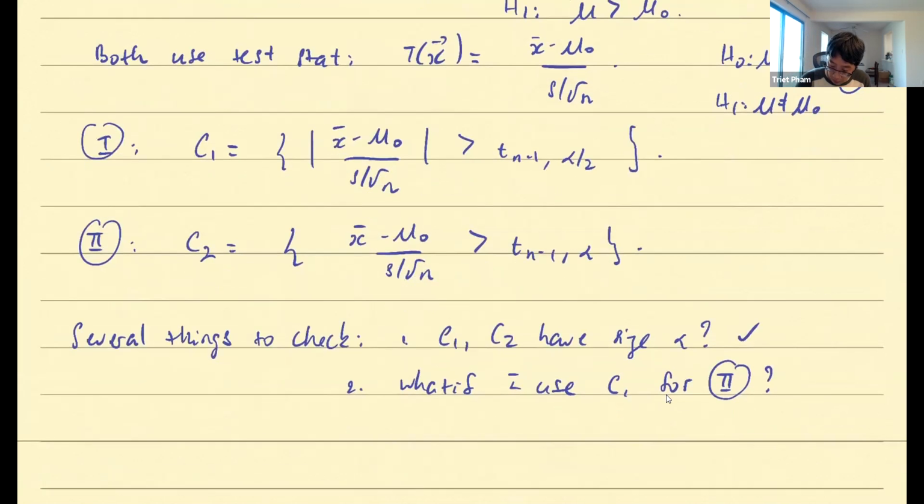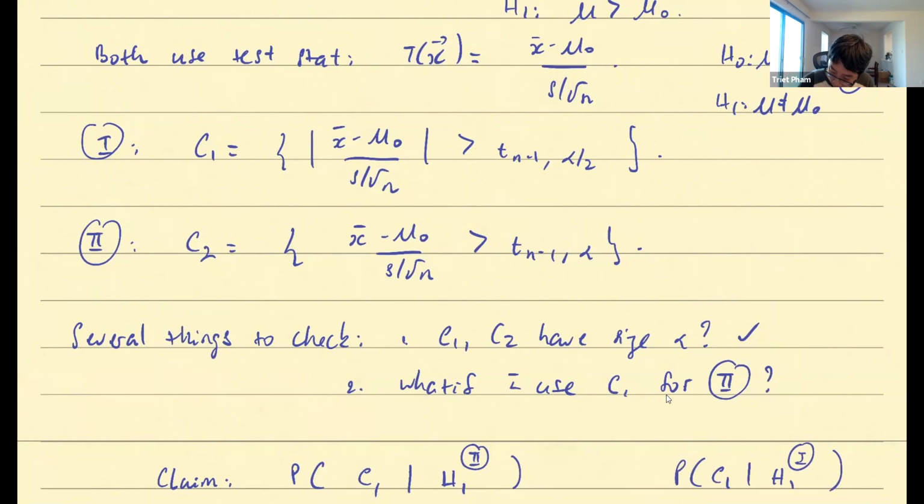If I use C1 for test 2, then claim that the probability of C1 complement under the alternative of test 2 would be like this. So this is the power.